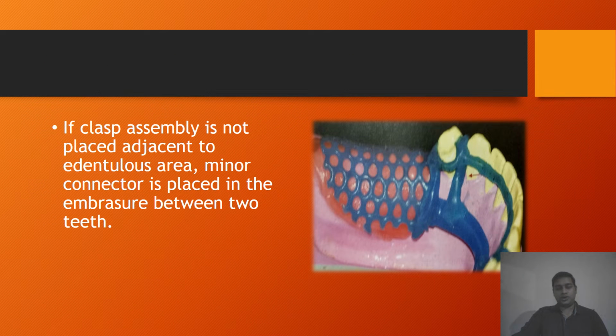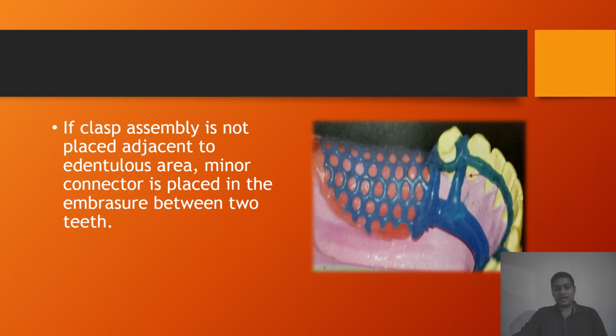In type 2, as you can see in the picture, it's a class 1 or class 2 situation where the clasp assembly arises from the embrasure area between the two distal abutments. So the direct retainer is between the two premolars, that is the distal abutments, and the direct retainer is connected to the major connector with the help of the direct retainer minor connector arising from the embrasure area.